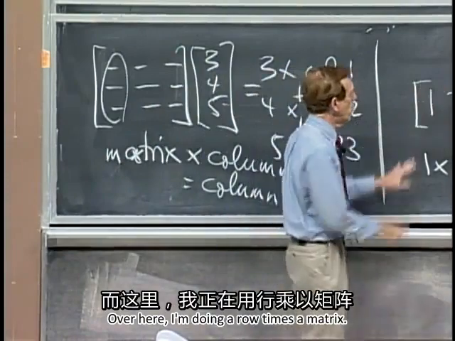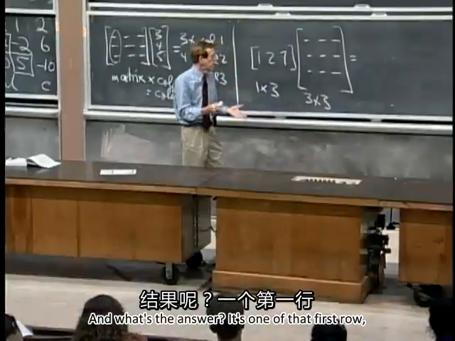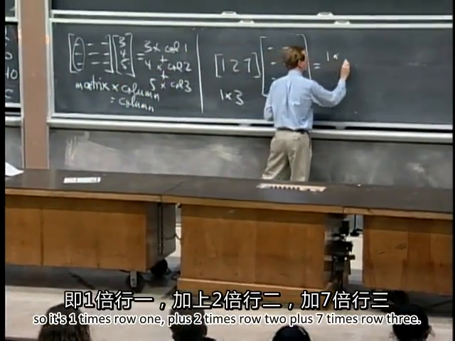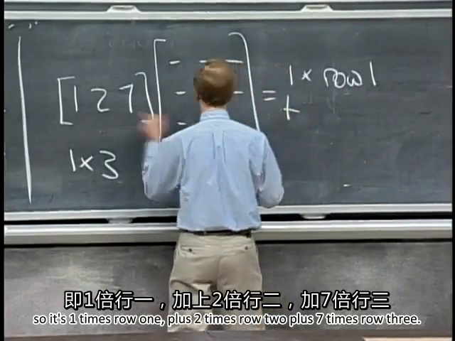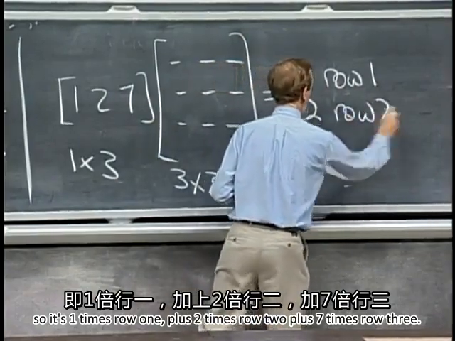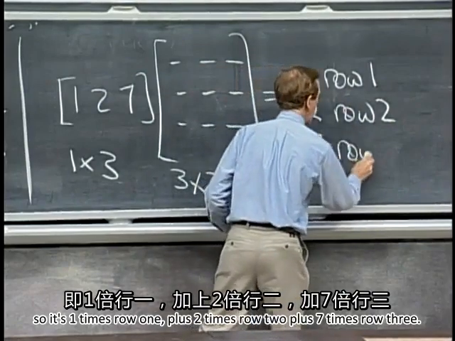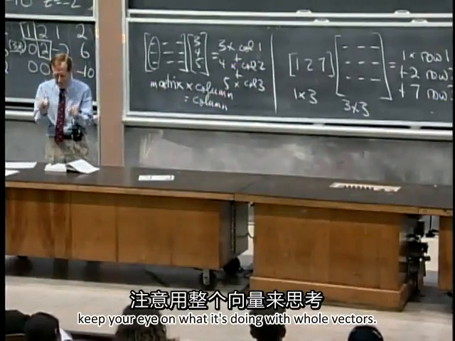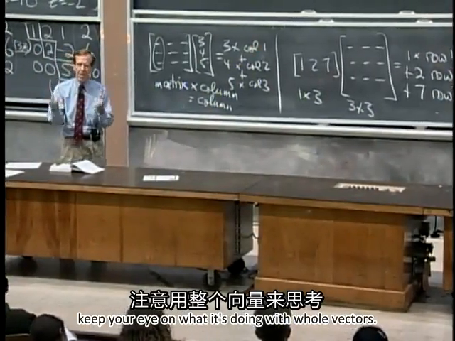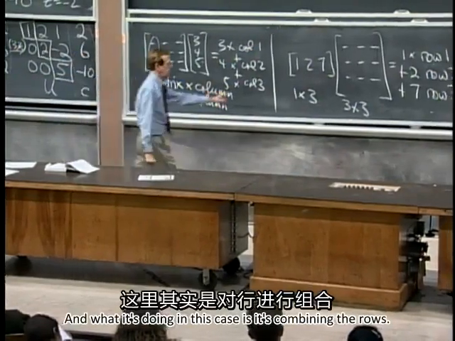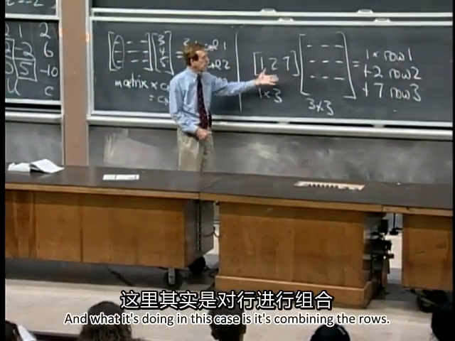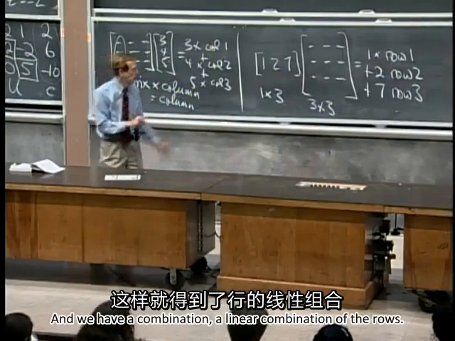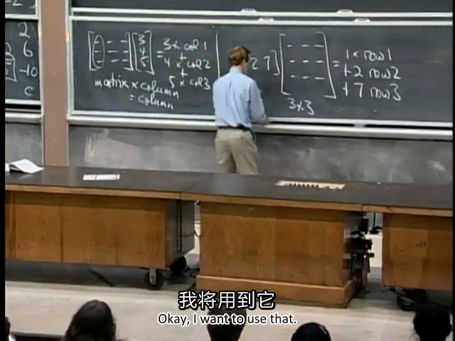Over here, I'm doing a row times a matrix, and what's the answer? It's 1 times row 1 plus 2 times row 2 plus 7 times row 3. As we do matrix multiplication, keep your eye on what it's doing with whole vectors. And what it's doing in this case is combining the rows. We have a linear combination of the rows. Okay, I want to use that.